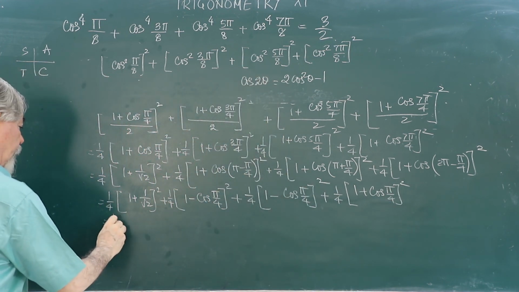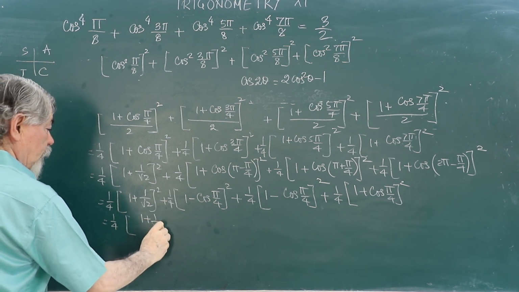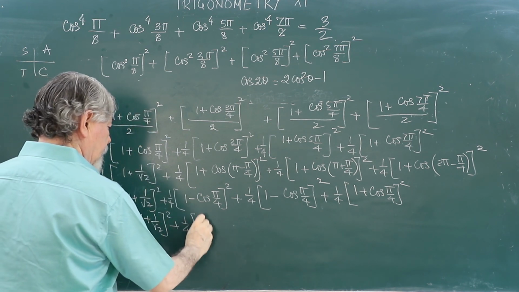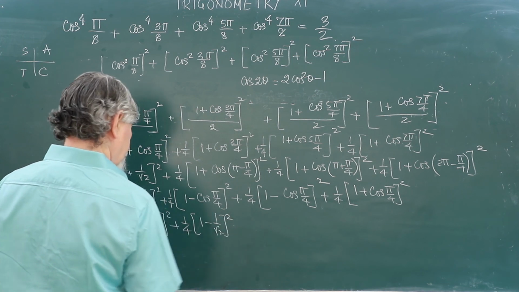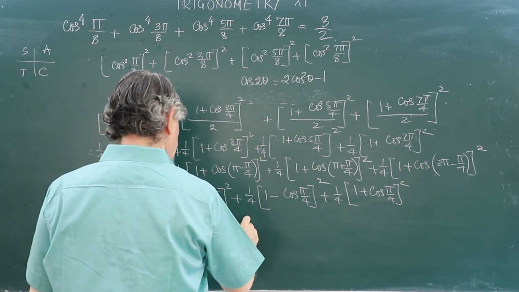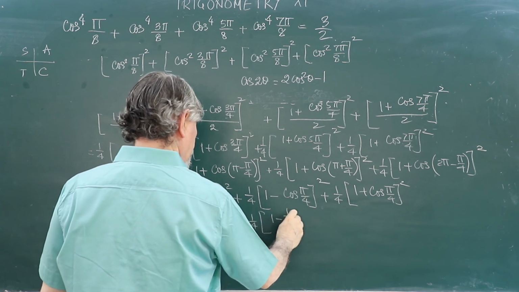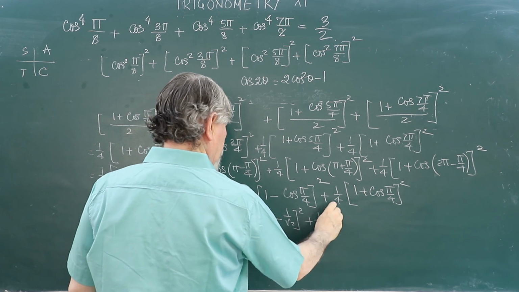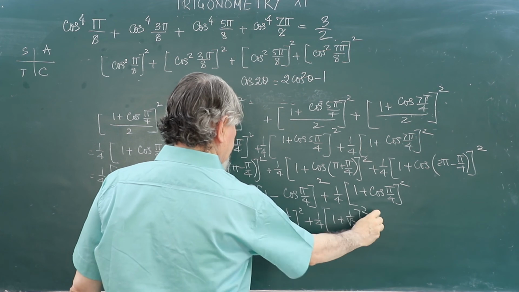It will become 1/4 (1 + 1/√2)² plus 1/4 (1 − 1/√2)² plus 1/4 (1 − 1/√2)² plus 1/4 (1 + 1/√2)².